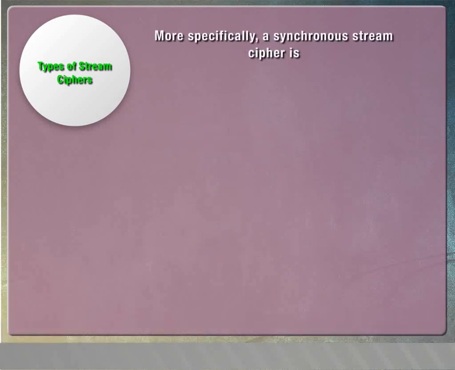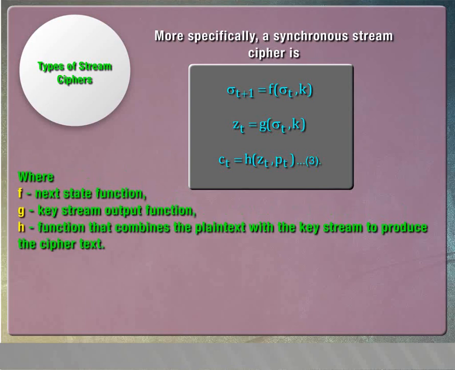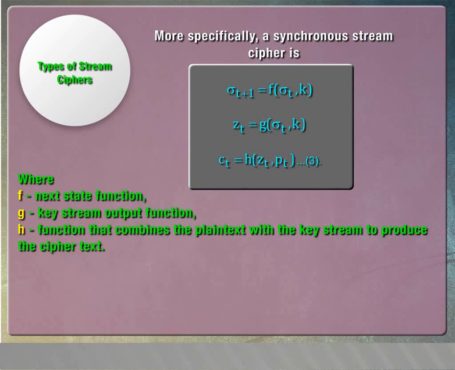More specifically, a synchronous stream cipher is: σ(t+1) = f(σ(t), k), z(t) = g(σ(t), k), c(t) = h(z(t), p(t)), where f is the next state function, g is the key stream output function, and h is the function that combines the plaintext with the key stream to produce the ciphertext.